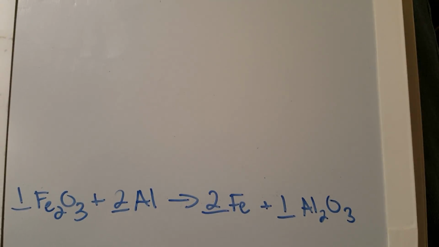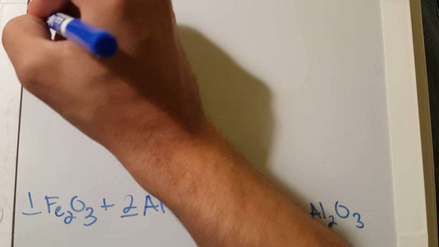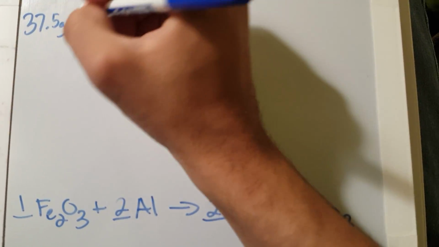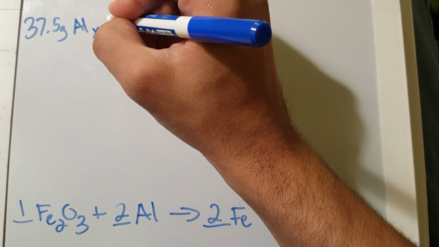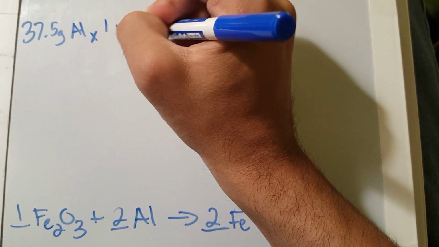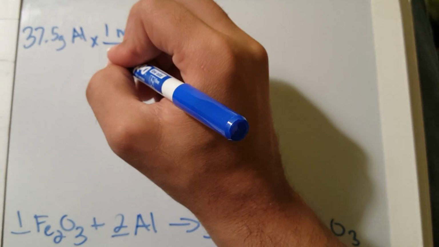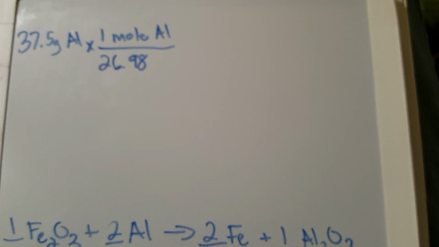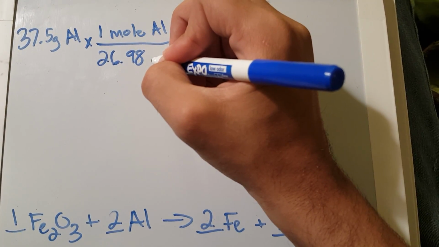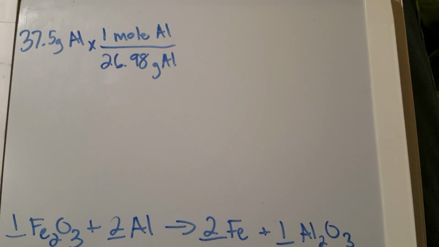Alright, so we're going to start off the second part of the problem, which is the 37.5 grams of aluminum, which is going to be times by 1 mole of aluminum. So we're trying to change it over to mole, which is then going to be over the mass of aluminum, which is 26.98 grams.